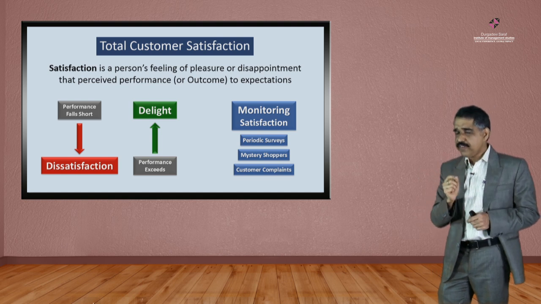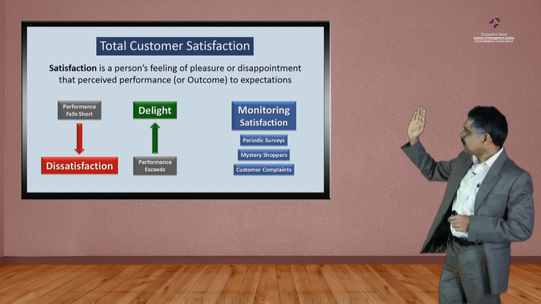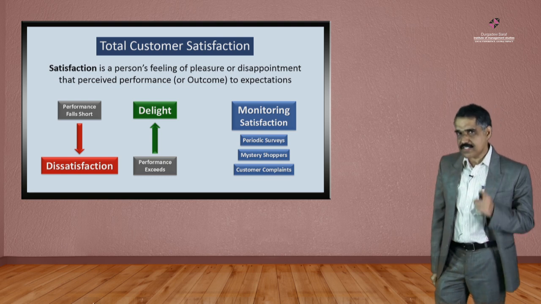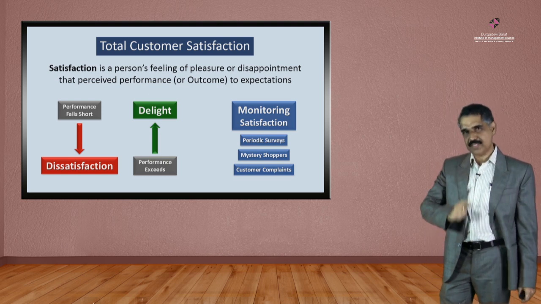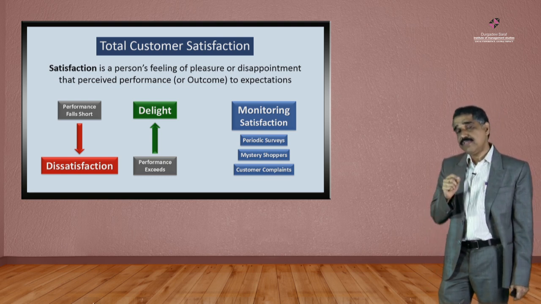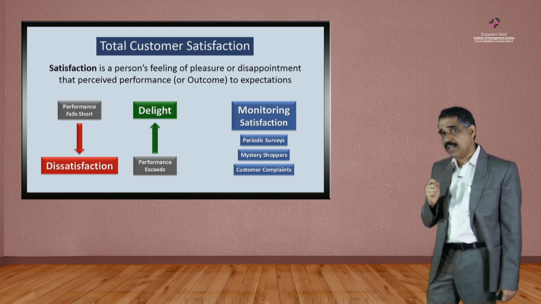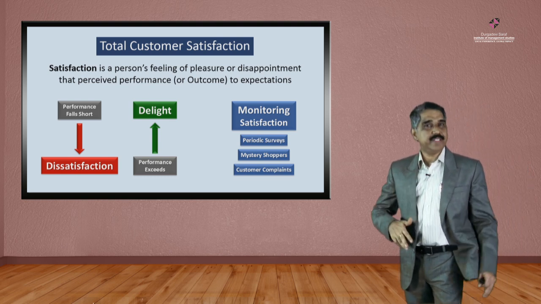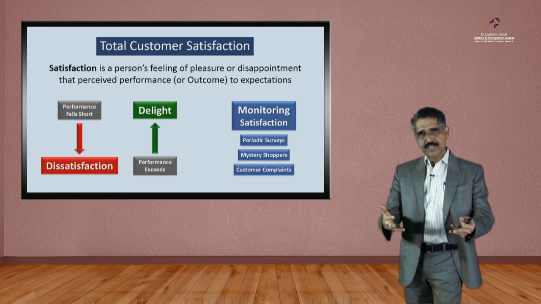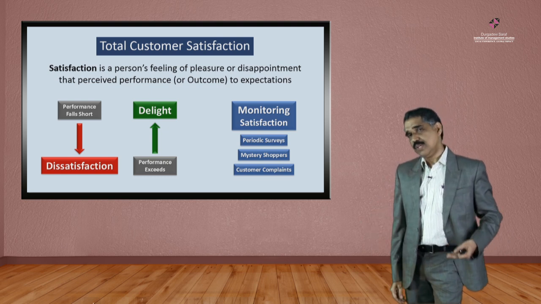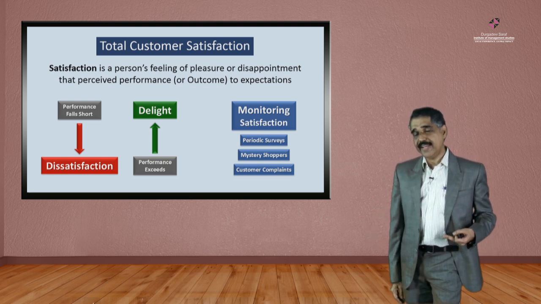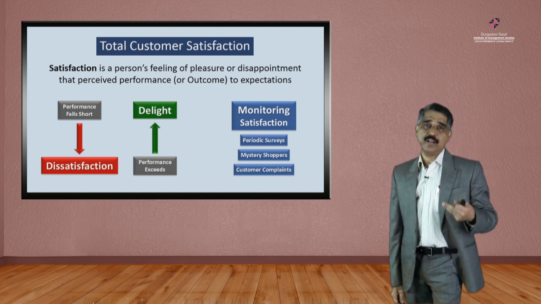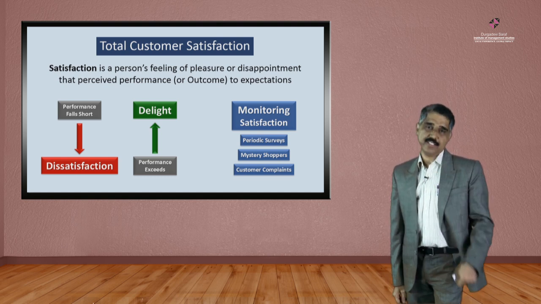Now, if that brand falls short of my expectation, I am dissatisfied, isn't it? Yes, I am dissatisfied. Now, if the performance of that mobile exceeds my expectation, I'll be delighted. I'm sure this is the case with you. You buy a mobile phone, and if the performance exceeds your expectation, you'll be delighted.